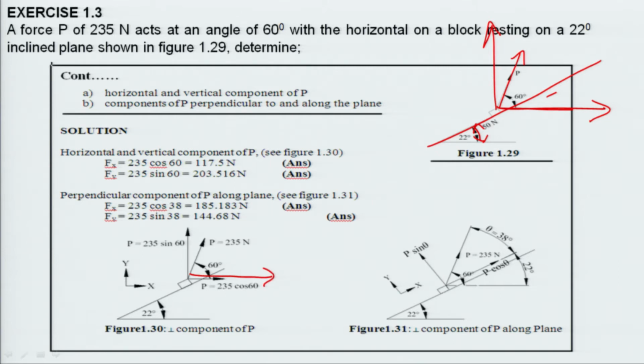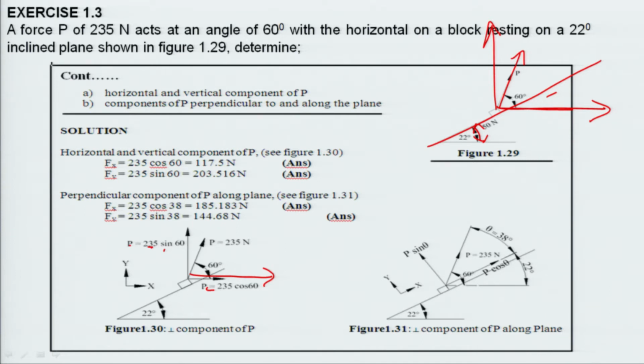The value will be P cos 60 degrees, which is 235 cos 60, and the other component will be 235 sin 60. So, these are the horizontal and vertical components of P.